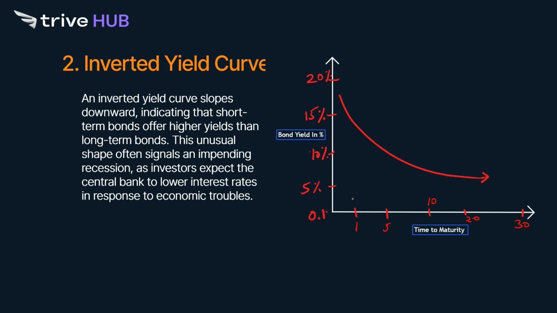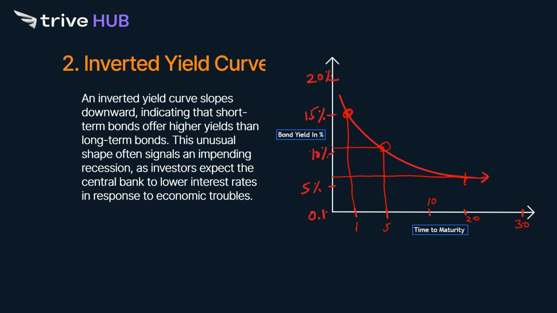So you can see for 1 year bonds the interest rate is very high, and for 5-year bonds the interest rate has declined a little bit, means whoever is lending money is getting a lower interest rate if they are lending for a longer period of time. And as usual, you can see the 20-year period offers a much lower interest rate than the 1 year or 5-year maturity bonds.